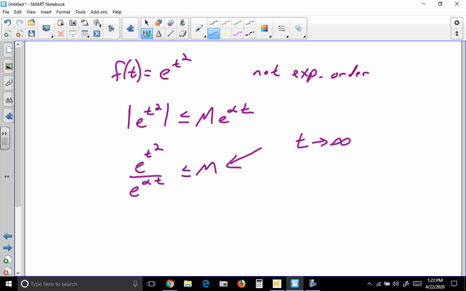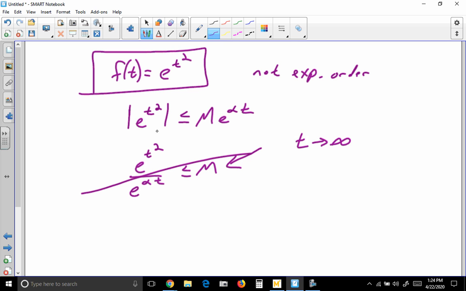For this function, the numerator is going to grow faster than the denominator. It might not be larger to begin with because of this alpha, but once we get into large enough numbers, t squared is going to be significantly larger than t to the first. So that limit does not exist, and hence it's not of exponential order.